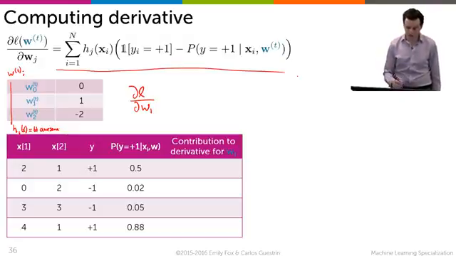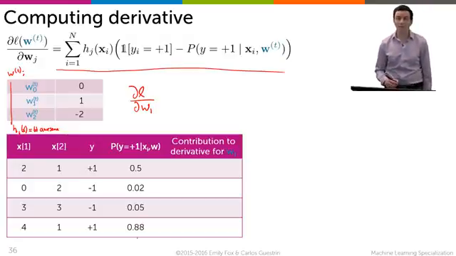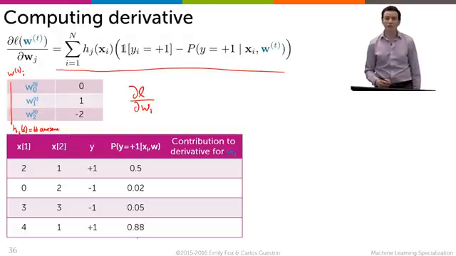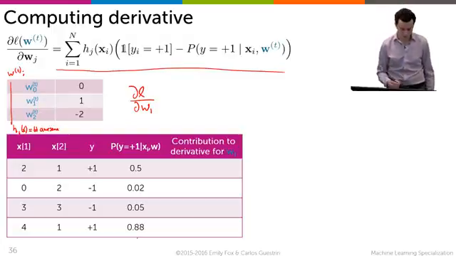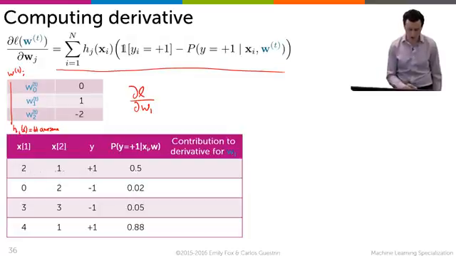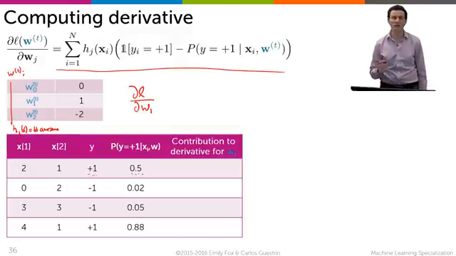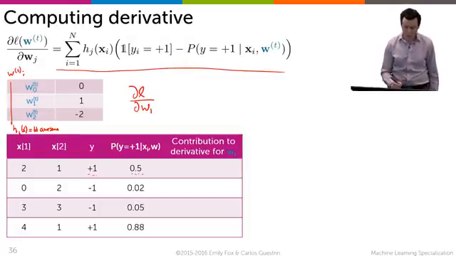So if you look at the equation above, for each one of these, we're going to make a prediction according to the current model as to whether that data point is actually a +1. So for the first one, which has 2 awesomes and 1 awful, the true label is +1, but our model only assigns 0.5 probability to it. So not perfect. What contribution does that have to the derivative? Well, let's just go through the equation above.